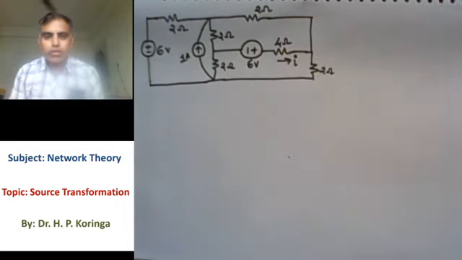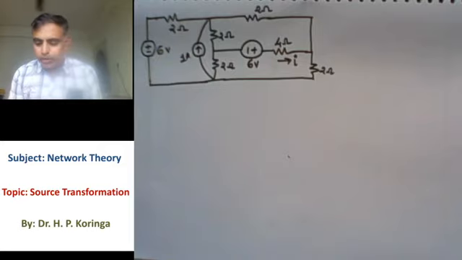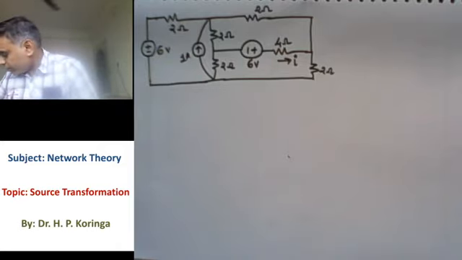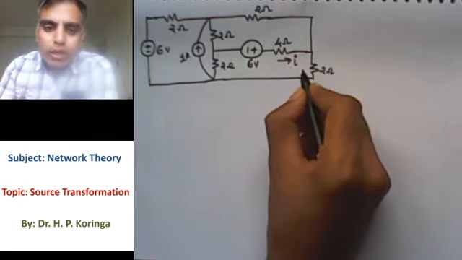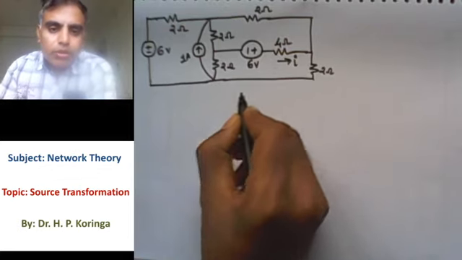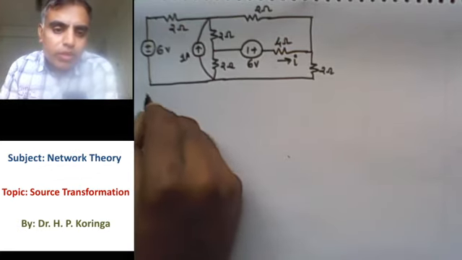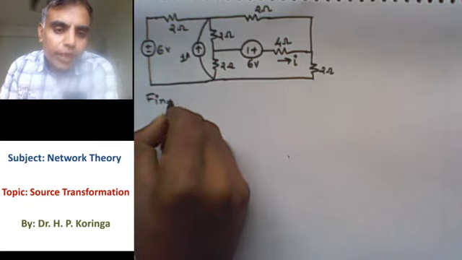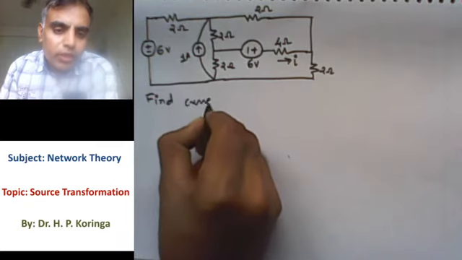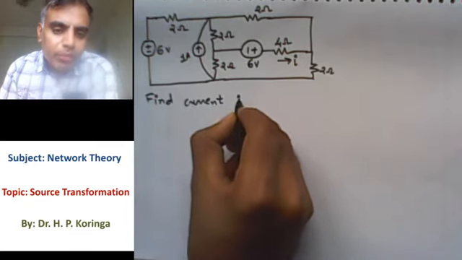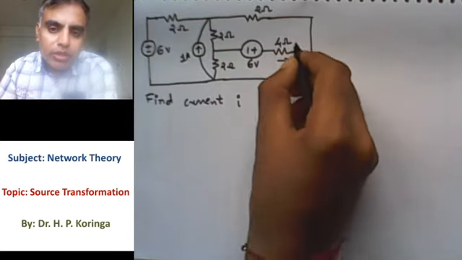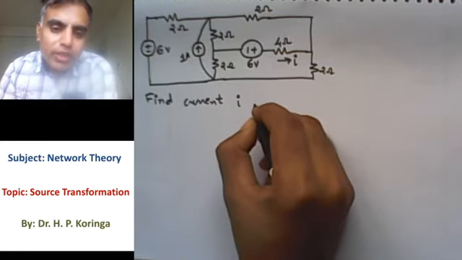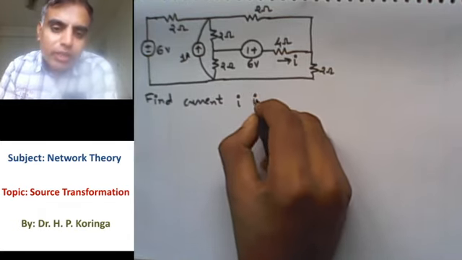Okay, so this is the example, and the question is to find the current I passing through the 4 ohm resistance using source transformation. It is already indicated as current I in the given network.